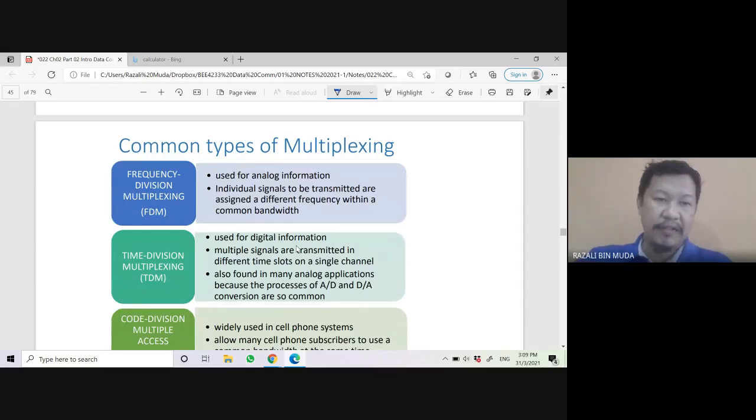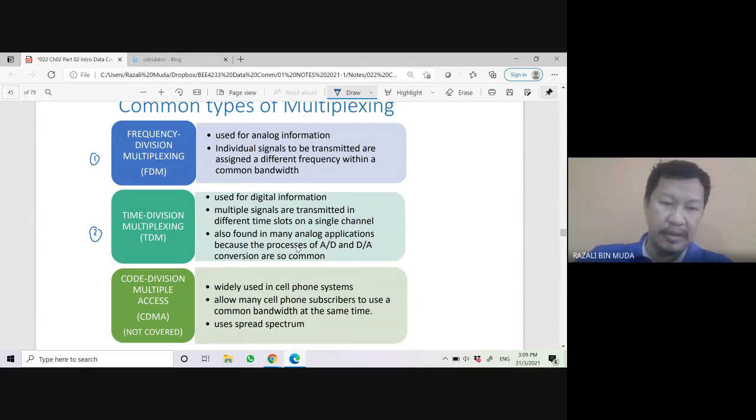These are common types of multiplexing. First is FDM. Second is TDM. Third is CDMA. What is FDM? FDM stands for Frequency Division Multiplexing. It is used for analog information.